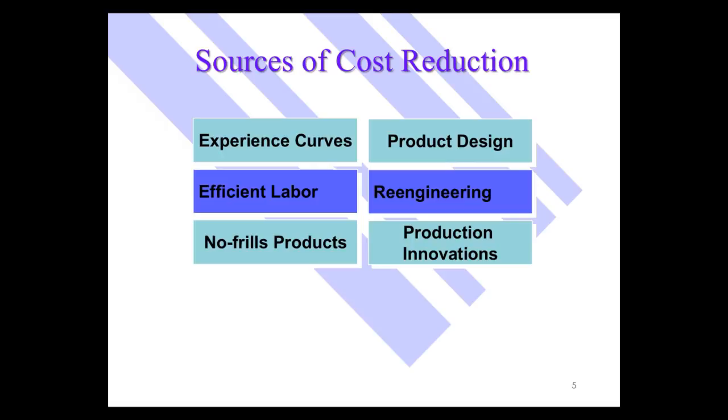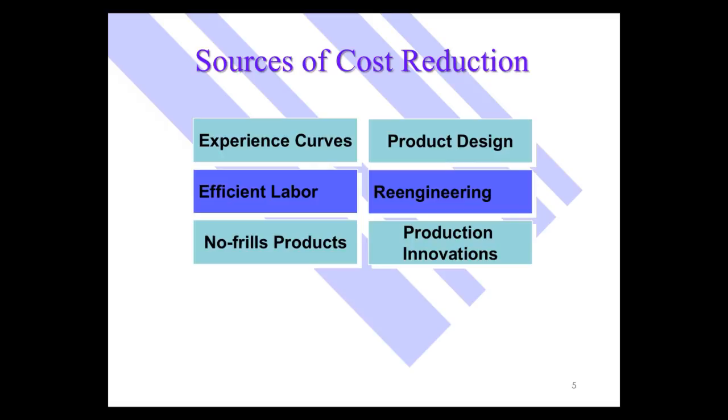Of course, you can also design costs out of the product through product design, or lessen costs in the manufacturing process through more efficient labor or re-engineering of the process. But regardless, if you're going to go after a cost strategy, you've decided that, hey, we're not able to differentiate. We're in more of a commodity business.